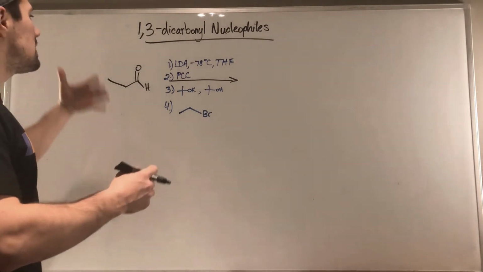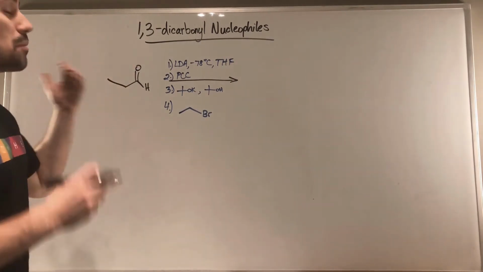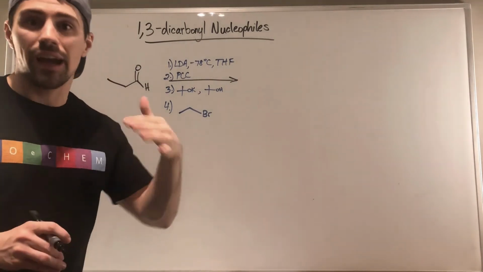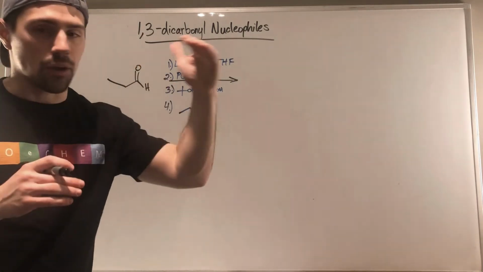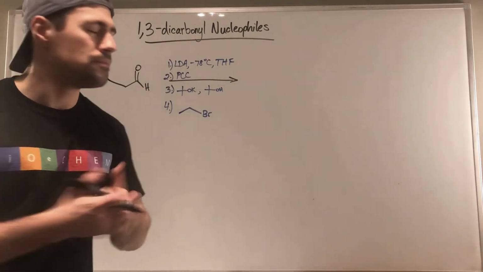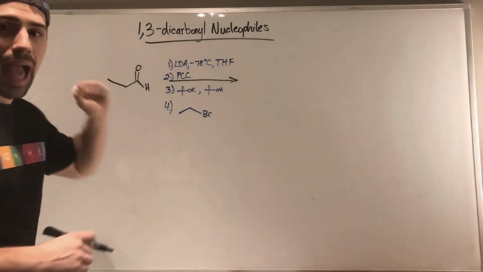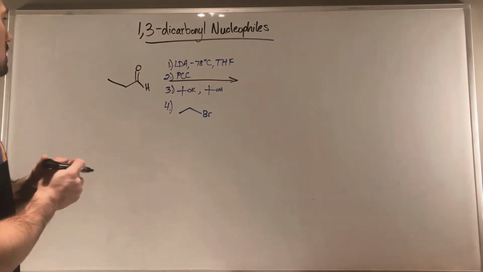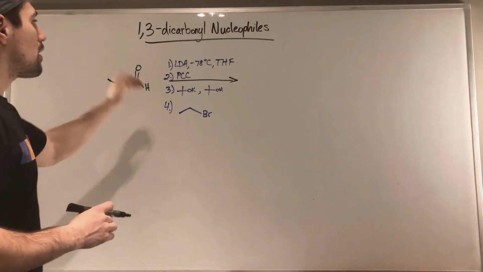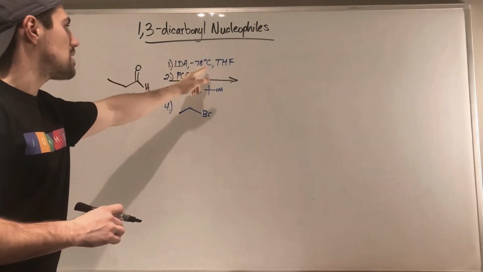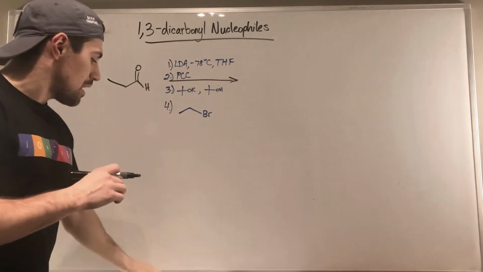All right, so we have a multi-step complete-the-reaction problem. Never ever fret, just take it one step at a time, quite literally. So we start off with this 3-carbon aldehyde, propanal, and let's look at our very first step. The very first step is LDA, negative 78 degrees Celsius, and THF.